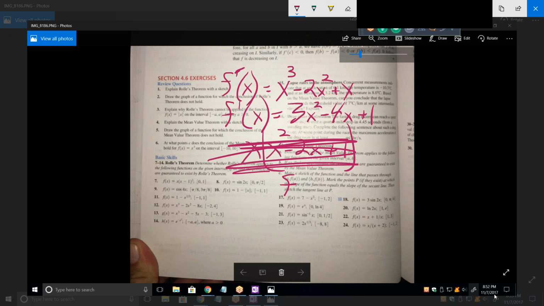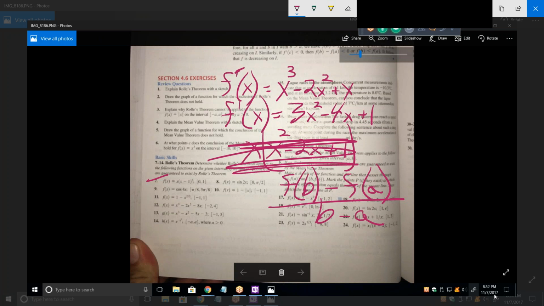Remember, it's f of b minus f of a all over b minus a. Well, what's f of 1 equal to? And here you have to go back to the original function, not the derivative. In other words, we want the slope of that secant line between 0 and 1 on this function.